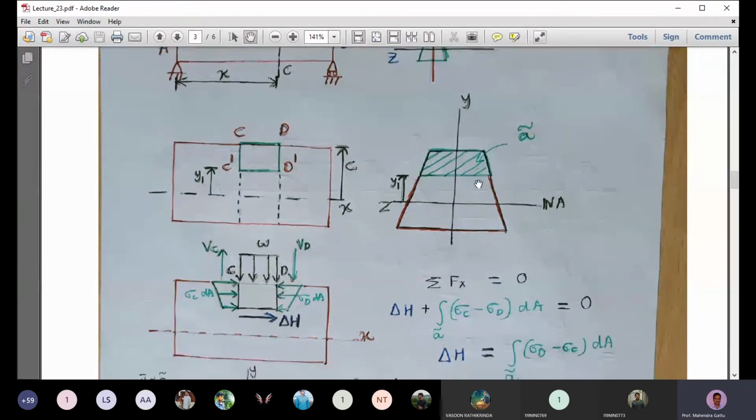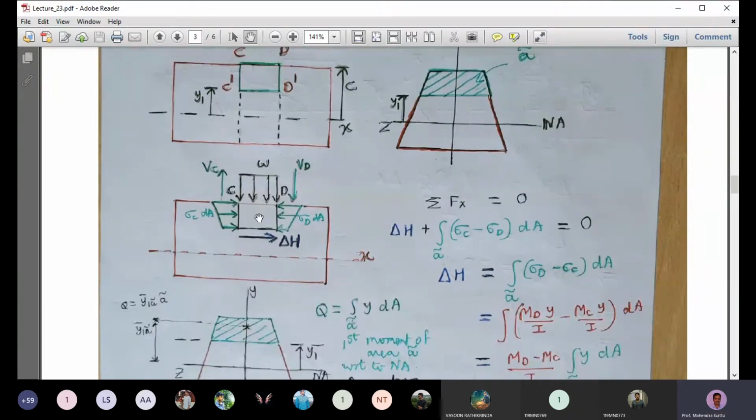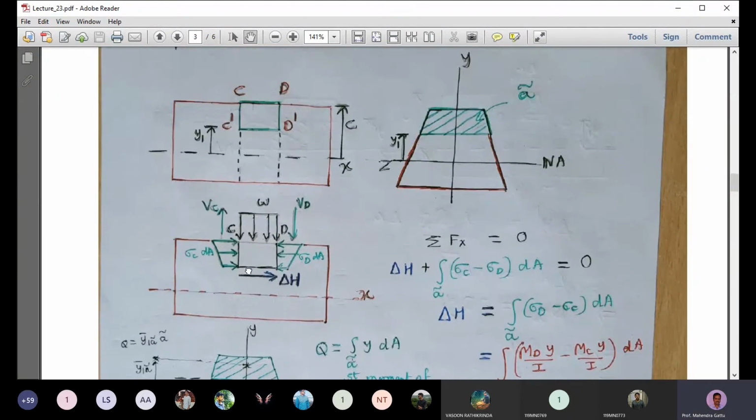Now we do the force balance to find the horizontal shear force acting along C prime D prime. Although it is shown by a line here, it is actually one horizontal surface. So let's draw the free body diagram. First, we have the normal stresses due to bending acting on the left face, shown here.